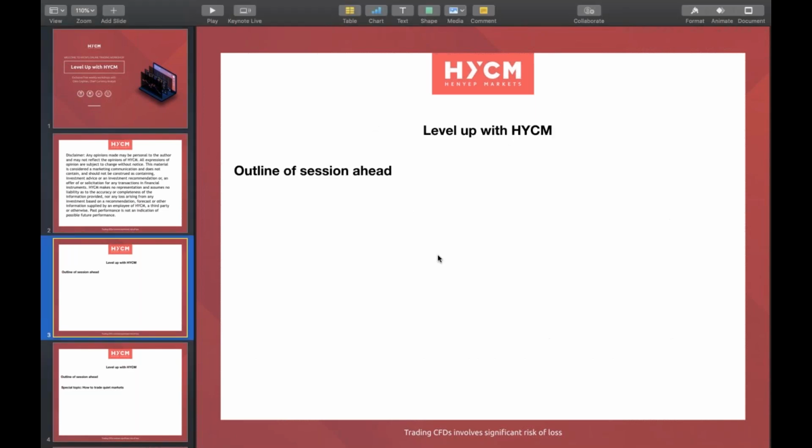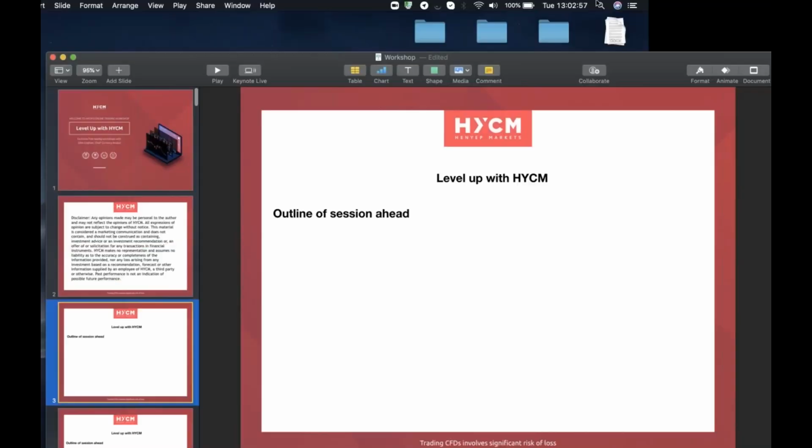In terms of the session that we have ahead, look in your handout session and you can see there's a workshop guide, November the 26th. It's underneath the handout session. If you just double click on that, then you will get a handout that looks like this. I'll just make this a little bit smaller.